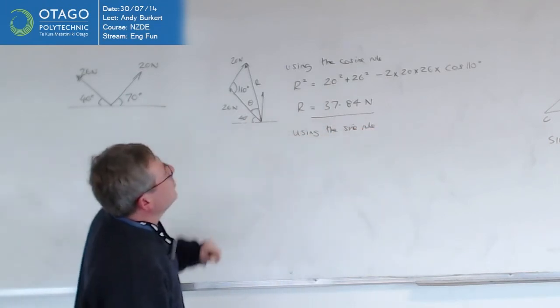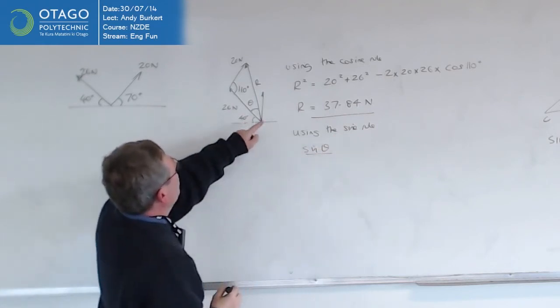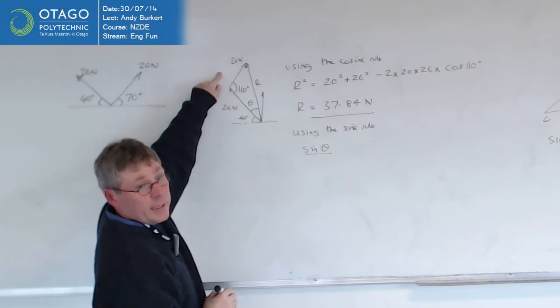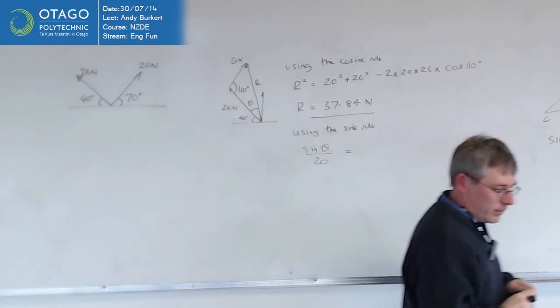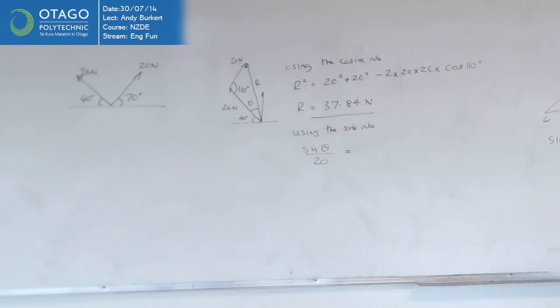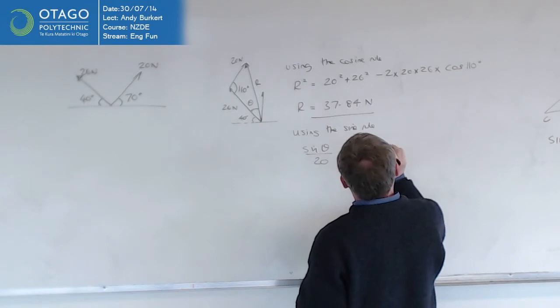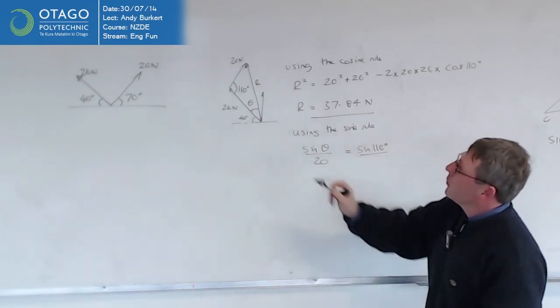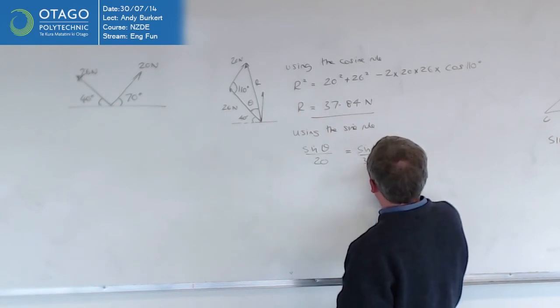We can say, the one we're trying to find, sine of theta divided by the side opposite, which is the 20, equals the one we know, sine 110 degrees, divided by the side opposite, which is the R we've just worked out, 37.84.